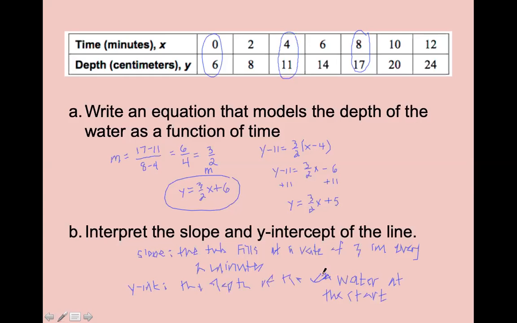Okay, sorry about the really bad writing. So if you can't read that, the y-intercept is the depth of the water at the start was 6 centimeters. That's what that means. All right, let's look at our next one.